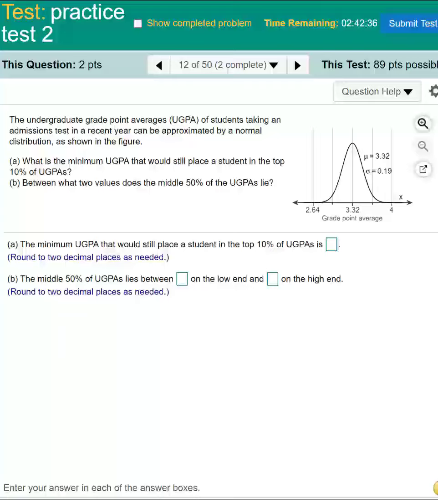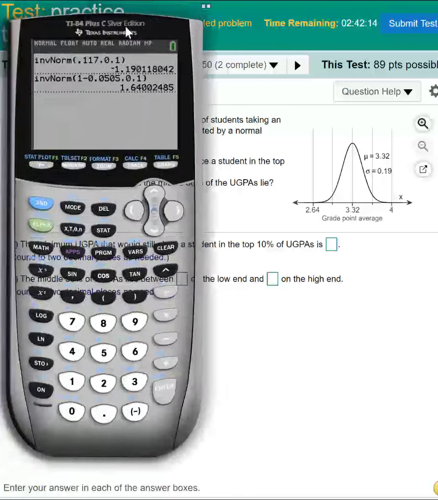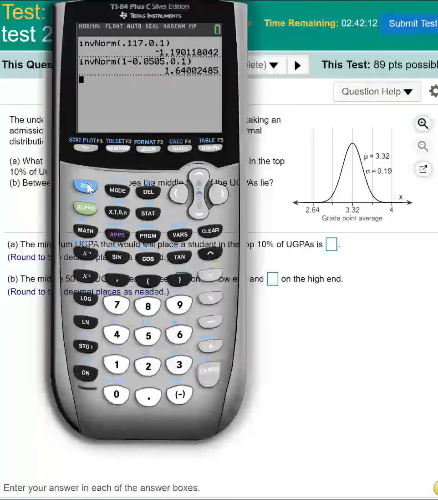The undergraduate grade point average of students taking an admission test in a recent year can be approximated by a normal distribution. It's given us the mean and the standard deviation, as you can see. What is the minimum UGPA that will still place someone in the top 10%? Top 10% will be an area to the right, and since the inverse norm requires an area to the left, we need 90%.